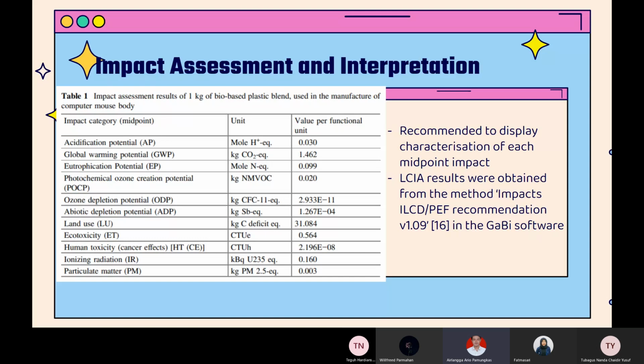LCIA results were obtained from the method impacts in GaBi software. Here we can see the value per functional unit is used as a priority scale, where GWP has the most priority over all impact categories.